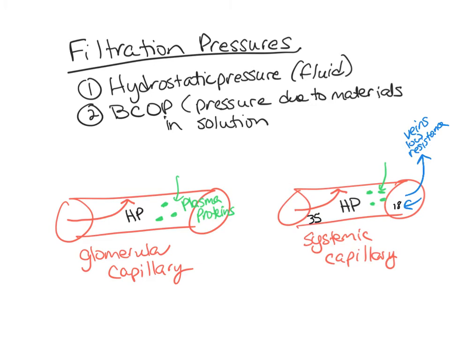However, if we look at the glomerulus and the afferent and efferent arterioles, I just want to draw this out here. We have the afferent arteriole here. It has a bigger diameter, and it goes into the glomerulus, and then it goes out of the glomerulus through the efferent arteriole. The afferent arteriole has a much bigger diameter than the efferent arteriole.